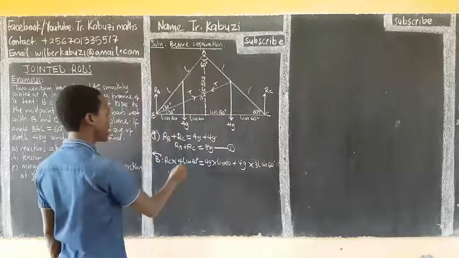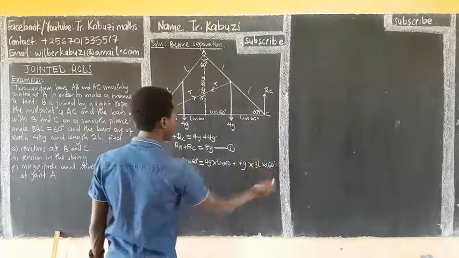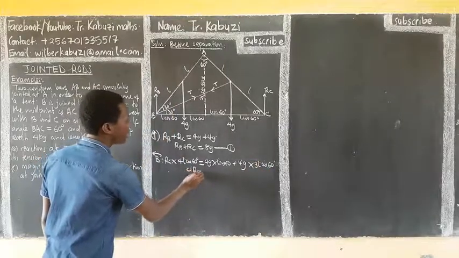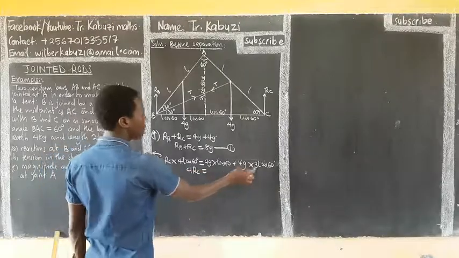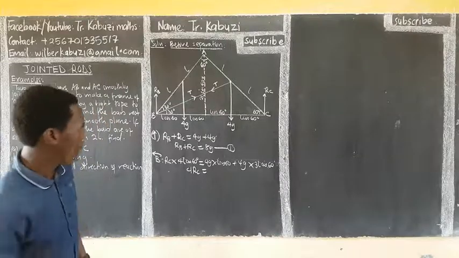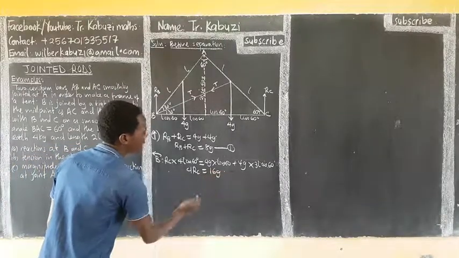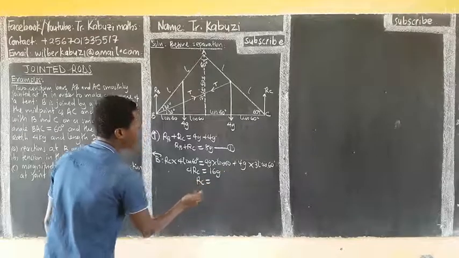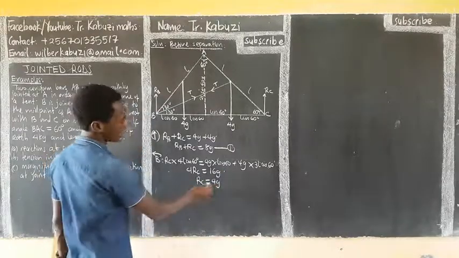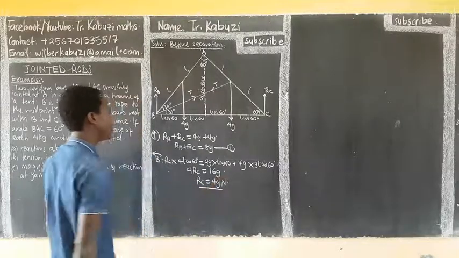L cos 60 is common. So we have 4L RC equals 2 times this, which is going to be 12 plus 4, giving us 16g. So my RC is going to be 4g, which you can put your g into, so that this is going to be in newtons.